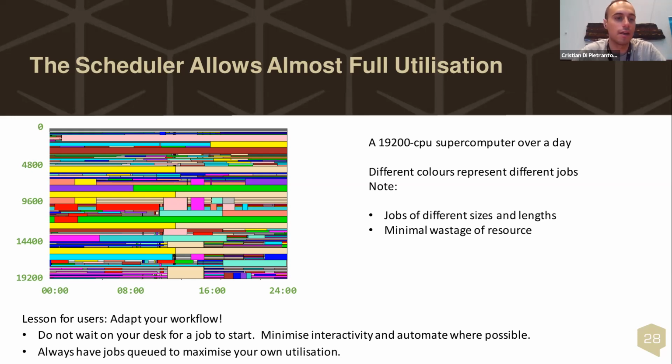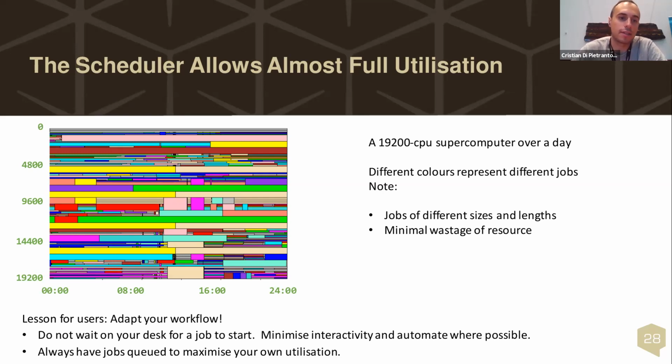On the x-axis we have the timeline, and on the y-axis the allocated CPU cores. Each colored rectangle is a job running on the supercomputer. The scheduler does a good job of filling in the gaps. Each gap is idle time that can be used by a job, if possible.